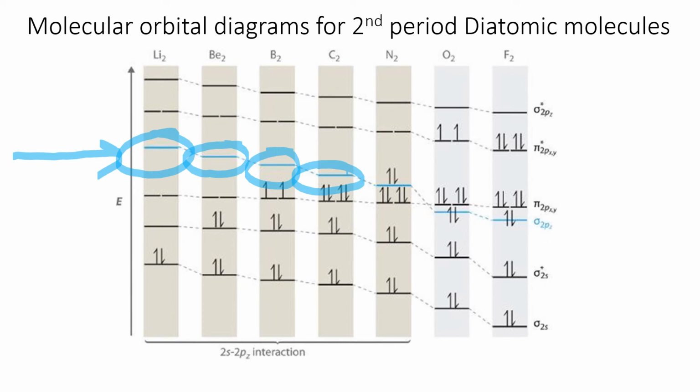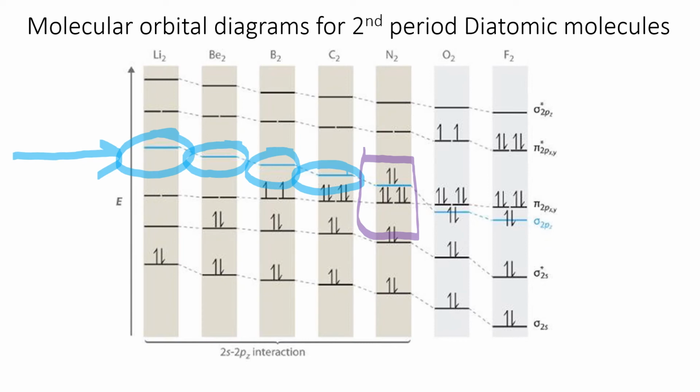The reason the energy is dropping is that, besides adding electrons, we've also been adding protons, which will affect the energies of these orbitals, and it affects those sigma orbitals more than the pi orbitals. So as we get to N2, boxed in purple, that sigma 2p is only slightly higher in energy than the pi 2p.